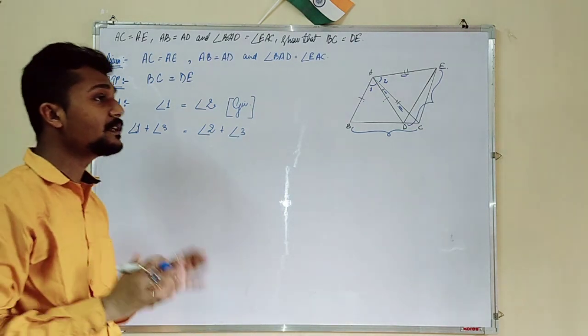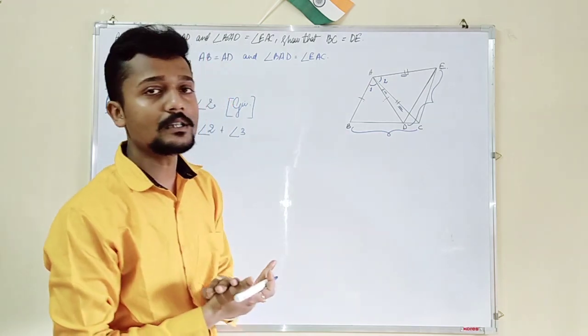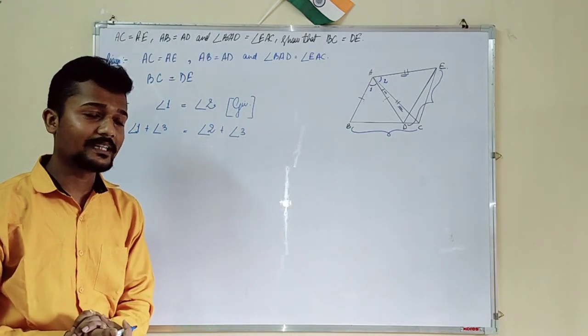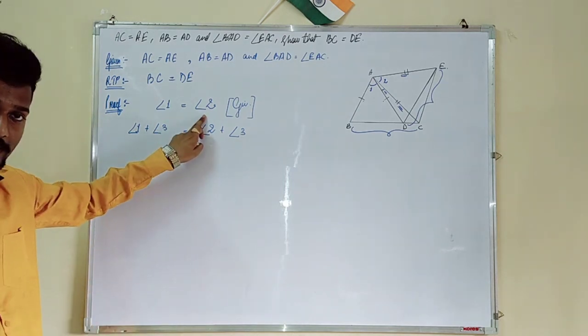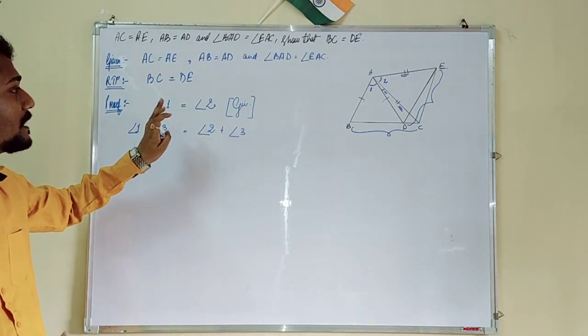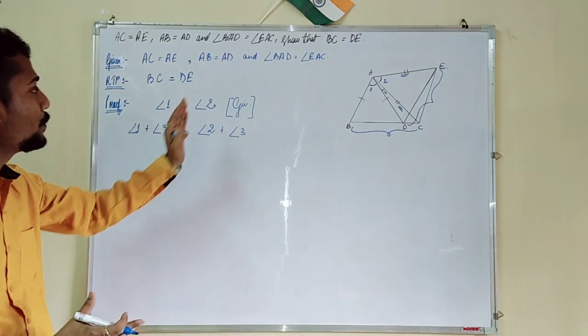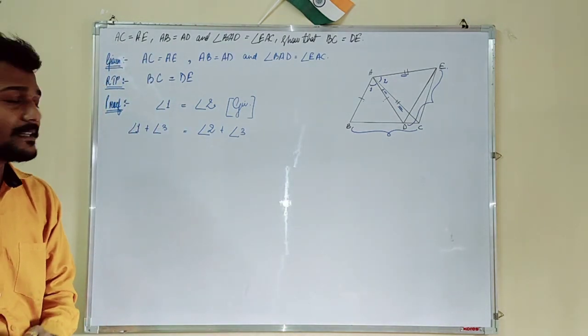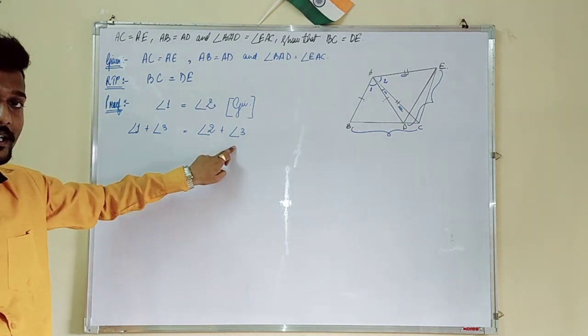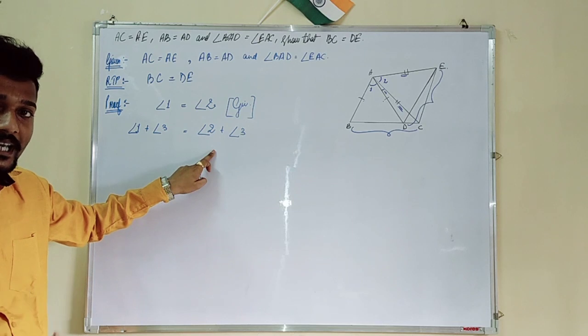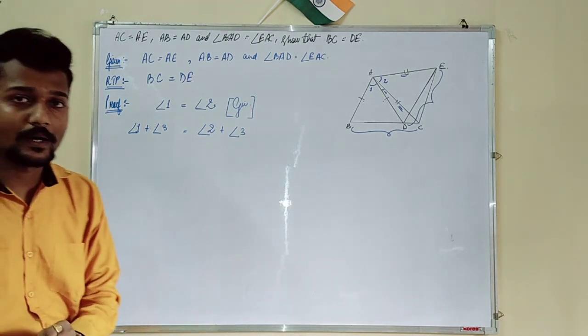Why? If equals are added to equals, then the sum is also equal. And 3 is a quantity which I have added on both sides. If I add 3 on both sides, then the sums we get will also be equal to one another.